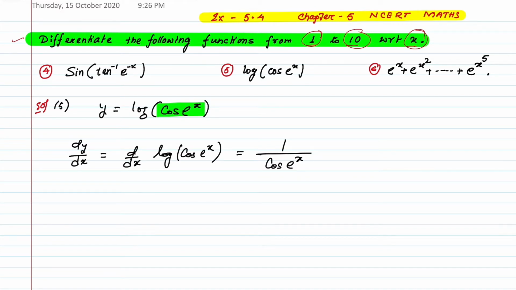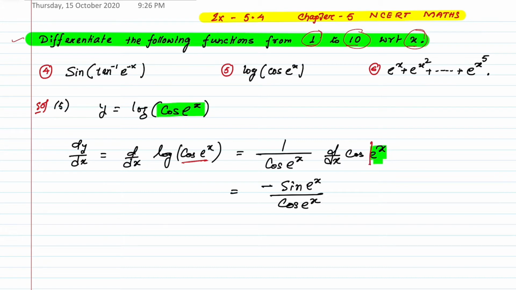Again, as this part is another function, we need the derivative of cos of e to the power x. Here again you have to assume e to the power x as only x, and differentiate it as cos x. We know the derivative of cos x is minus sin x, so here we will get minus sine of e to the power x by cos of e to the power x.